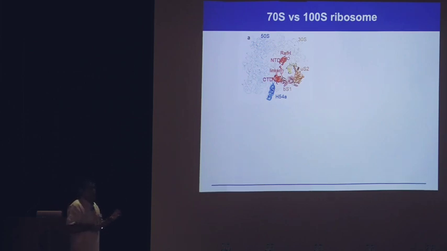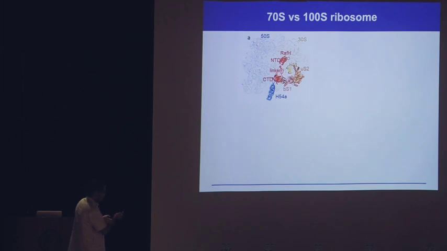Now it comes to understanding why it cannot form a dimer. Obviously, it is okay, it is already a dimer, but why can it not form a 70S, a 100S? The simple thing is this is the situation in our case: NTD, CTD, helix 54, S1, S2.